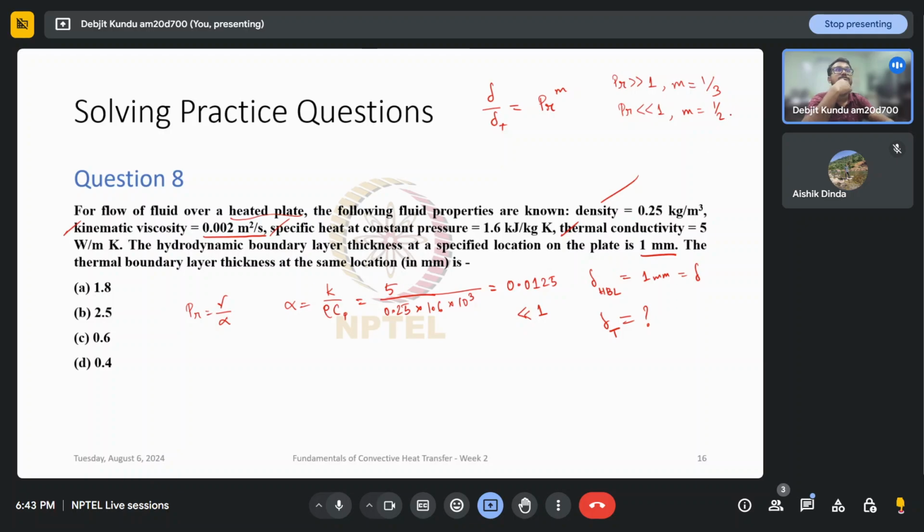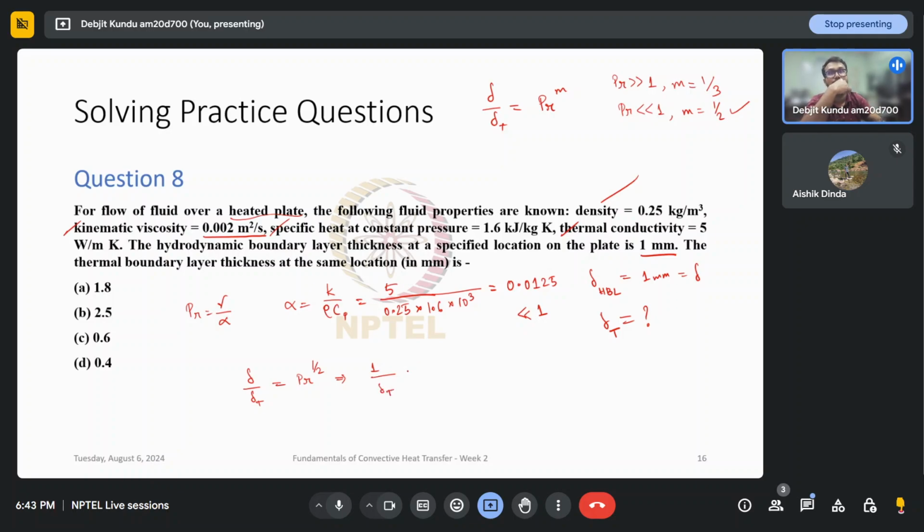So it is less than 1. So we'll have to use this relation where m equals half, right? So my delta over delta t becomes the Prandtl number to the power half. Delta is given, I know it's 1 millimeter. I'll keep this in millimeters only because delta t is also needed in millimeters.